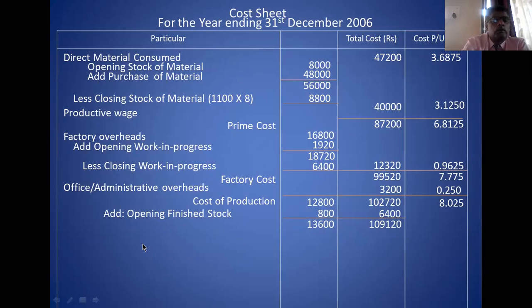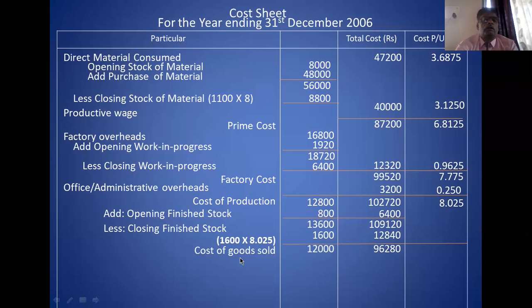Then deduct closing finished stock, 1,600 units, multiplied by cost of production per unit, 8.025. The amount is 12,840. Deduct this, and the balance is the cost of goods sold.